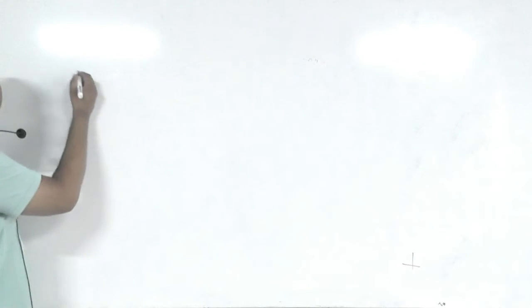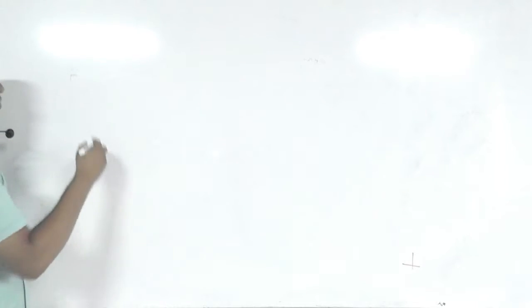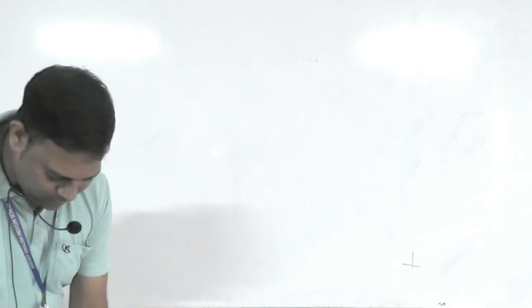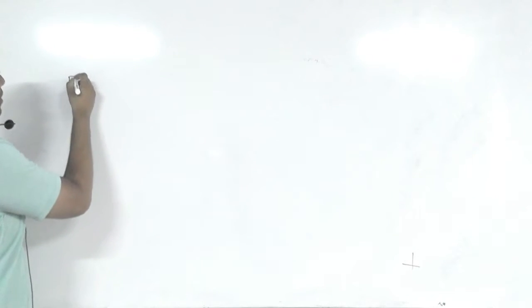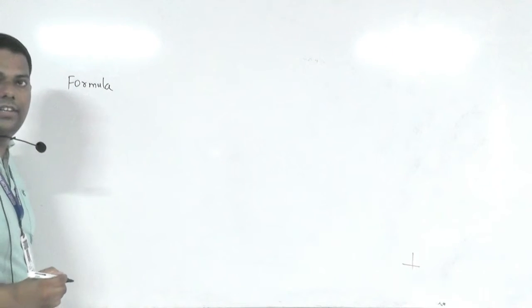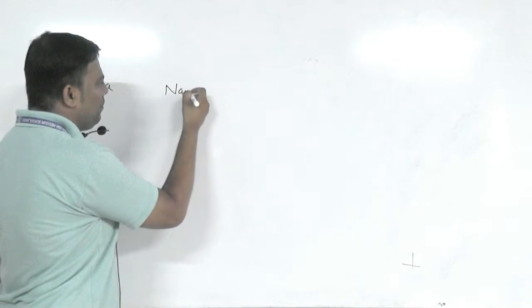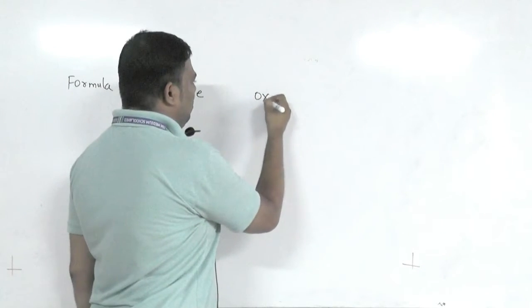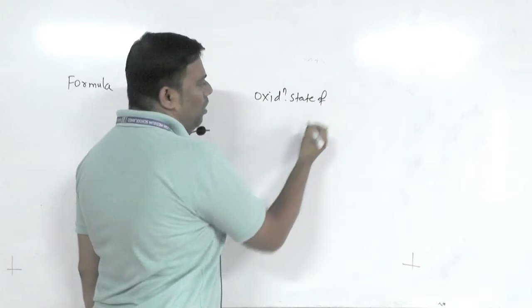So write down here: formula. Thereafter name, oxidation state of sulfur, oxidation state of what, beta?